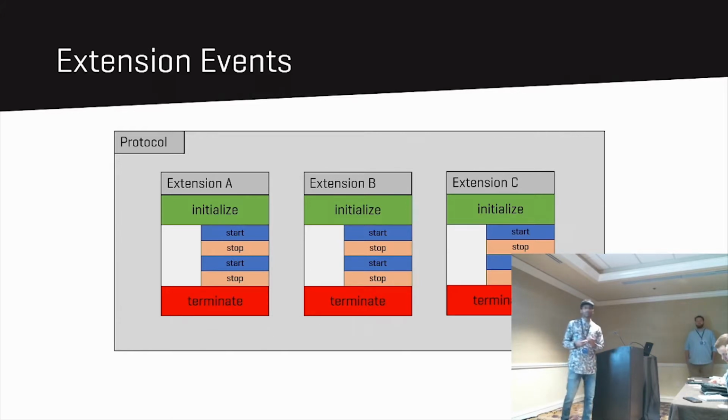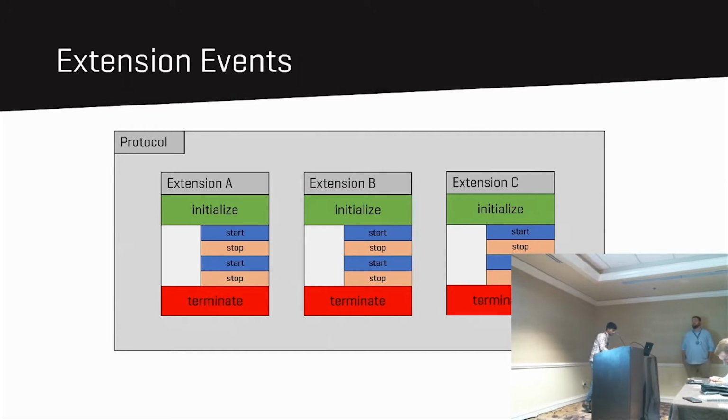The initialize event is called once per extension, and the start and stop events can be called repeatedly throughout the lifespan of an extension. I usually think of them as groups, where the first group would be initialize and terminate, and the second would be start and stop, primarily because you would usually perform some operation in initialize and have that reversed or undone in terminate. And the same goes for the start and stop group as well.